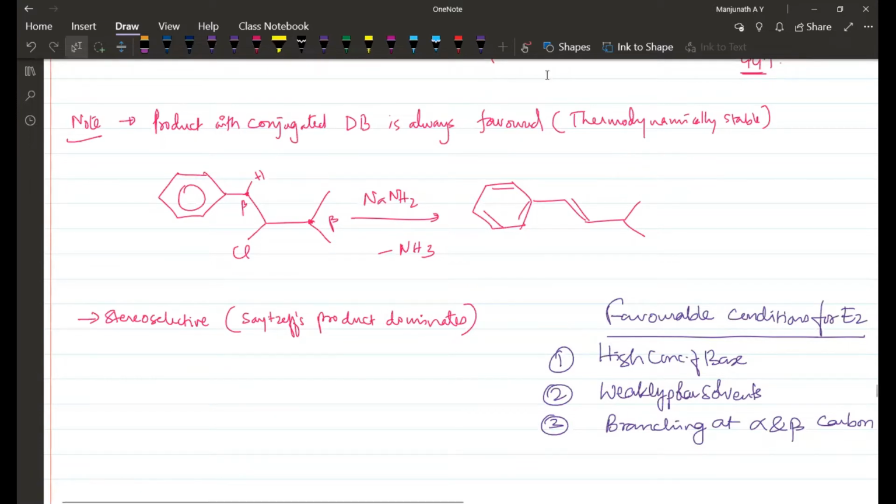Anybody? What is the favorable condition for E2? The point which we were asking was why polar protic solvents do not favor E2. Any answer? No one knows.